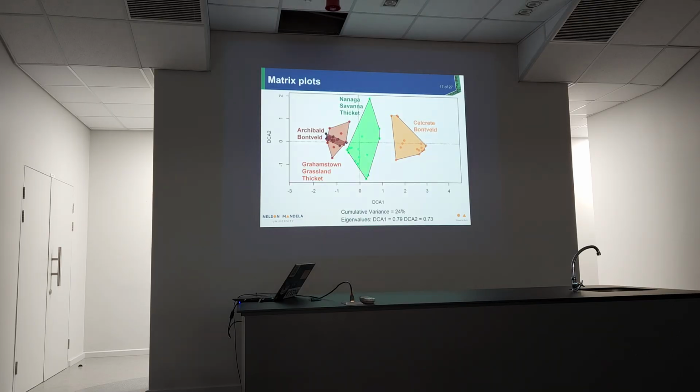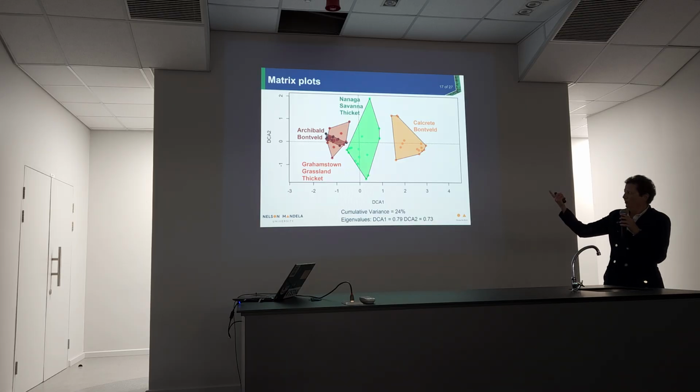So as I expected, Calcrete Bontveld's very different. I think I've probably done that to death at Thicket Forum, so I'm not going to say too much more. Shallow soils, sandy soils, a mixture of fynbos, grass, and Karoo dwarf shrubs in the matrix, and that's why it sits over here.